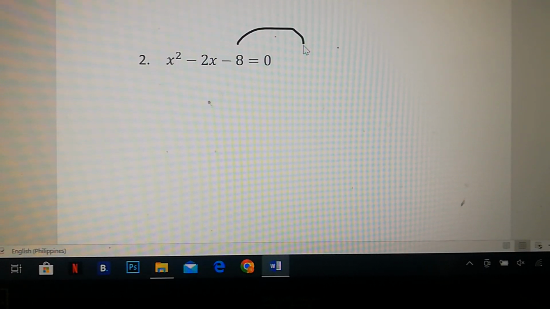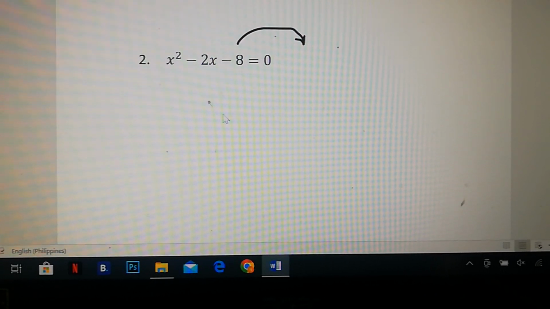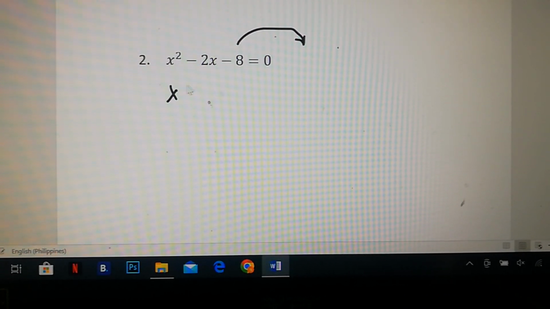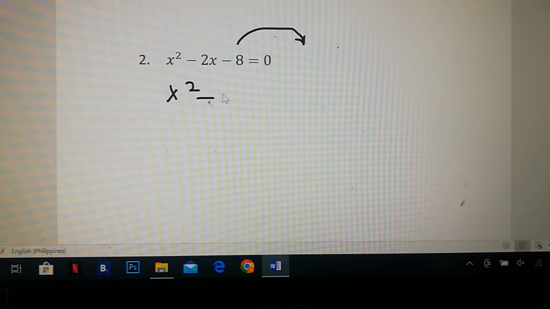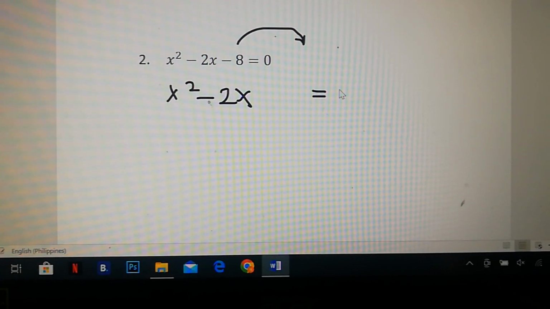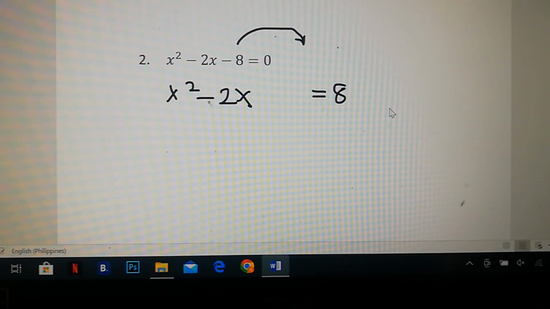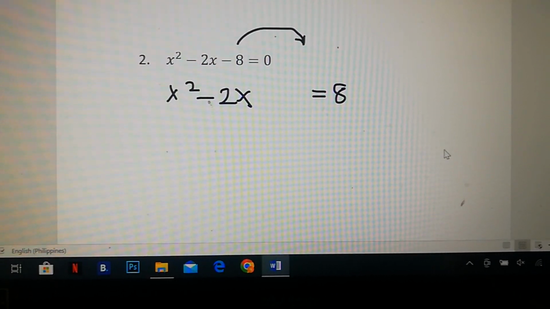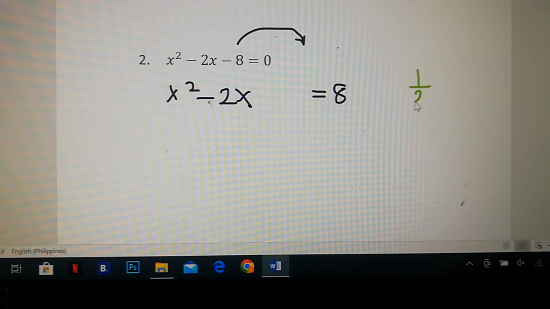So isolate the constant term to the right side: x squared minus 2x is equal to 8. Now make the left side a perfect square trinomial. So what is 1/2 of negative 2?